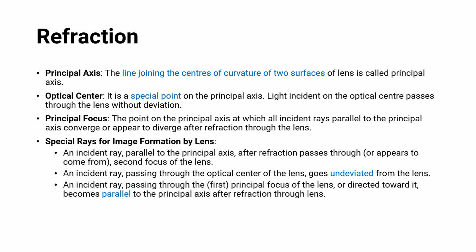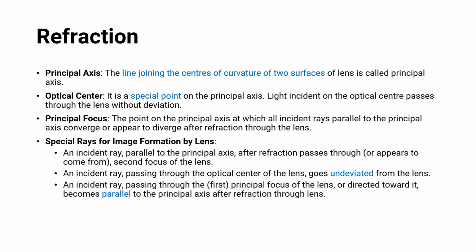Special rays for image formation by a lens. An incident ray parallel to the principal axis, after refraction, passes through or appears to come from the second focus of the lens. An incident ray passing through the optical center of the lens goes undeviated through the lens.